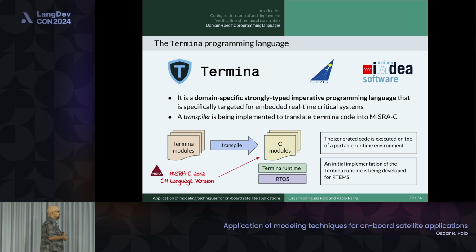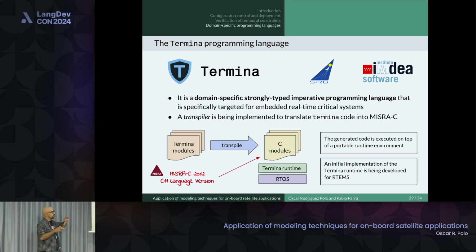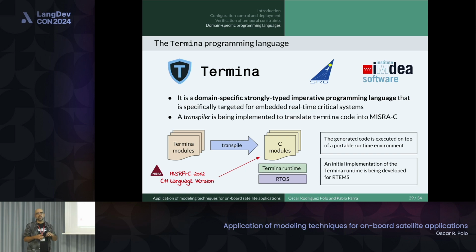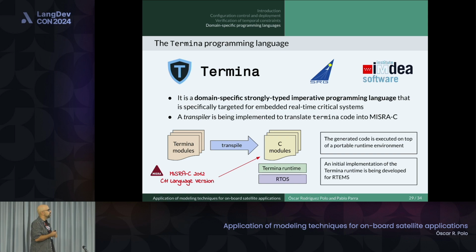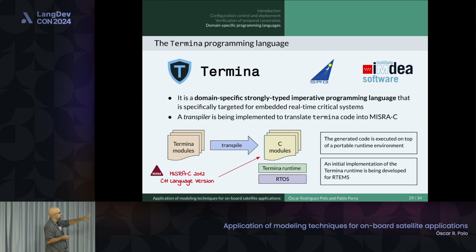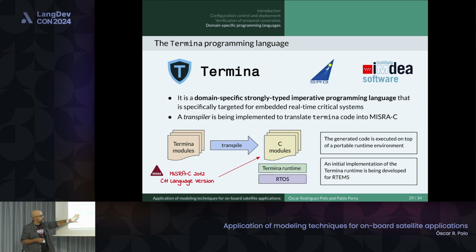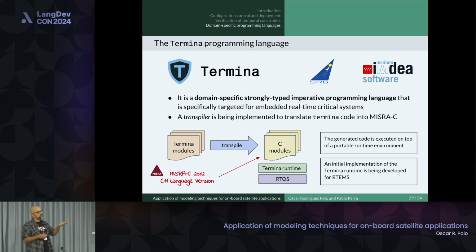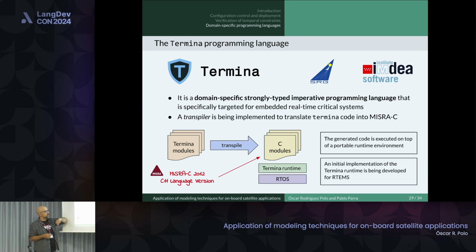So the idea is that this language uses abstractions that are really close to the application domain, and from the definition of the software, we are currently finishing the implementation of a transpiler that generates MISRA-compatible code from the modules implemented in Termina.